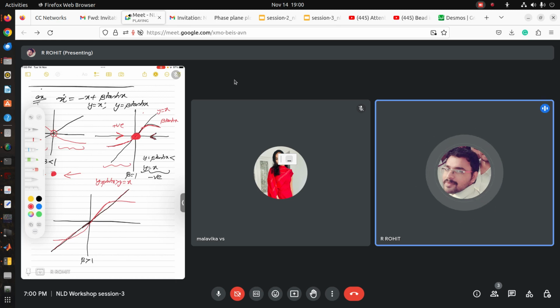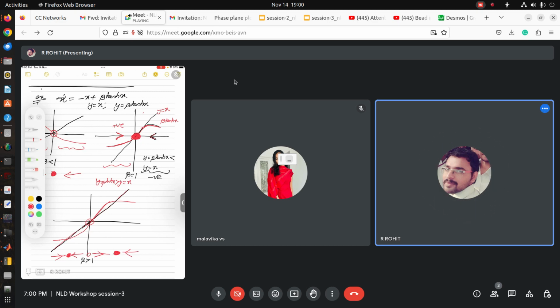Now if you observe, you have 3 fixed points over here. In this region, beta tanh of x is greater than x, so it's positive, so it should go like this. And in this region, y equal to x is greater, so it should be negative. At the same time, in this region, beta tanh of x is greater than x, so it's positive and it should go there. And in this region, x is greater, so it's negative and it should go left. So that means you have 2 stable fixed points and 1 unstable fixed point.